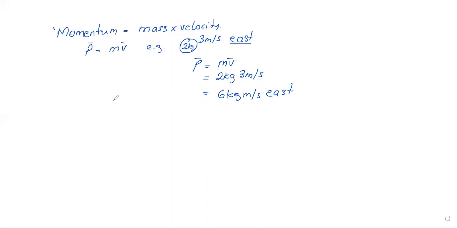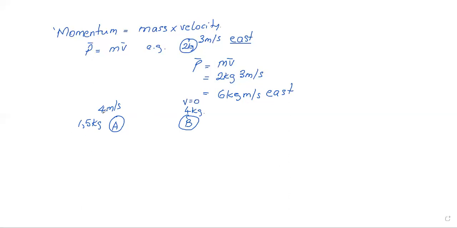Now let's see what happens when I have two bodies, object A and object B. Object A moves at 4 meters per second, and the mass of object A is 1.5 kg. The mass of object B is 4 kg, and the velocity of object B is 0.